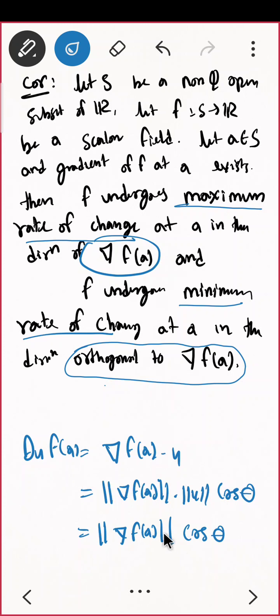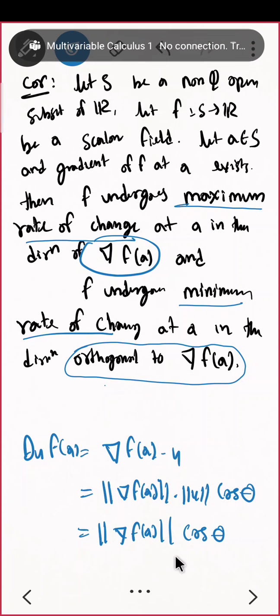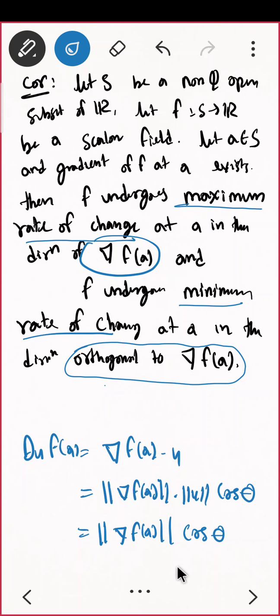So D_u f of a is maximum when cos theta is maximum, which is when theta is 0. So maximum rate of change is parallel to del f of a, and minimum rate of change will be when theta is 90, that is orthogonal to it.